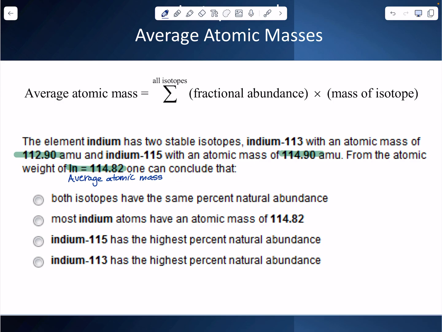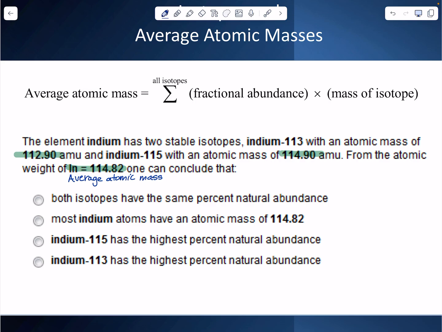Is 114.82, okay? So, without knowing abundances, without doing any calculations, we can figure out which one of these isotopes is likely the more abundant one, okay?